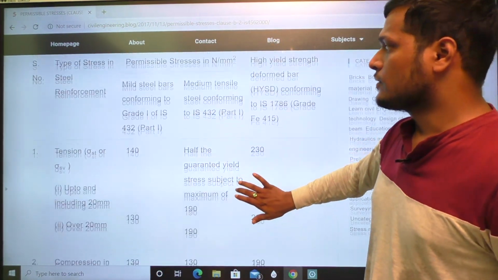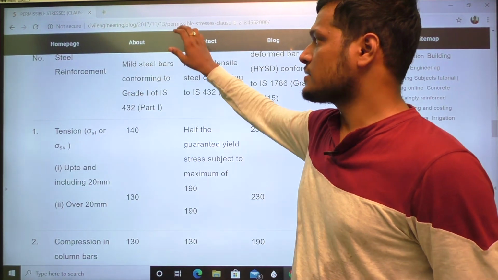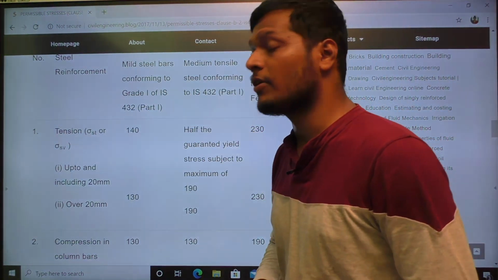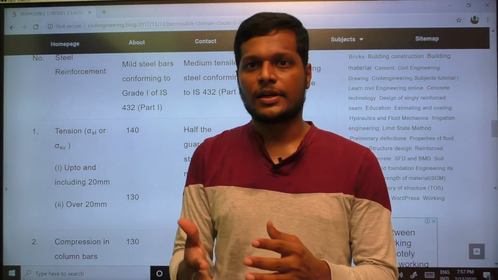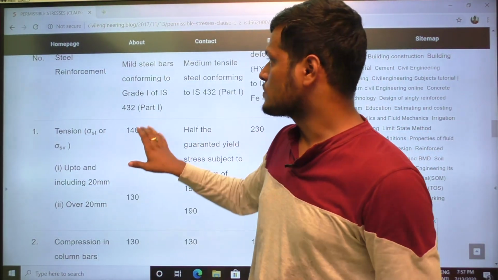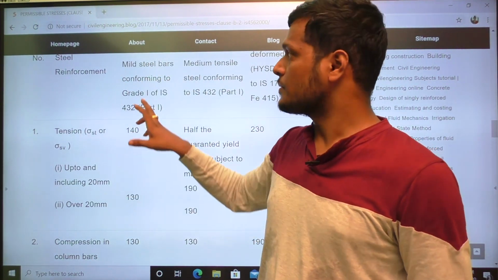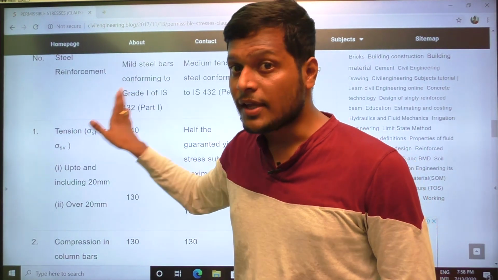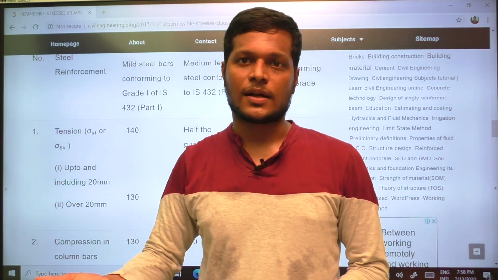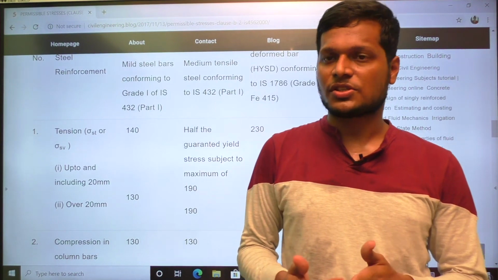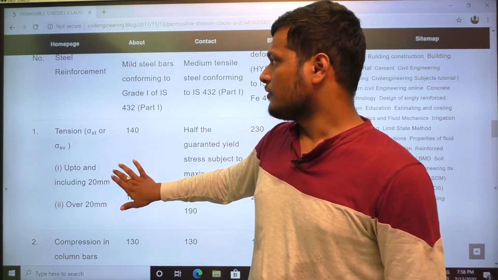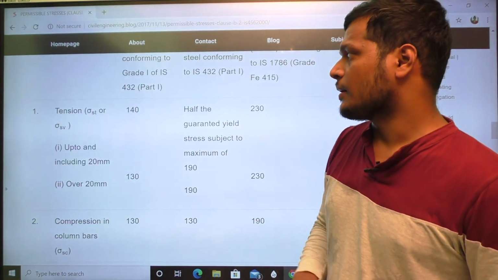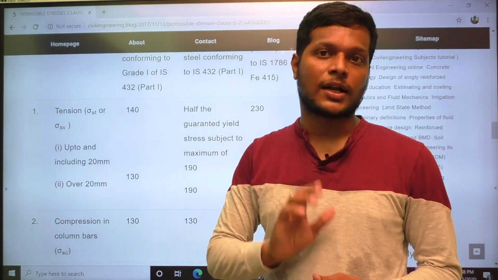Here they are saying mild steel bars conforming to grade 1. Whatever deduction I told you is for mild steel bars. In the IS code, you will see mild steel bars conforming to grade 1. If they give grade 2, in the IS code there is a clause that we can reduce 10% of the strength. So if they give mild steel bars up to and including 20 mm, we can take 140 as the strength.